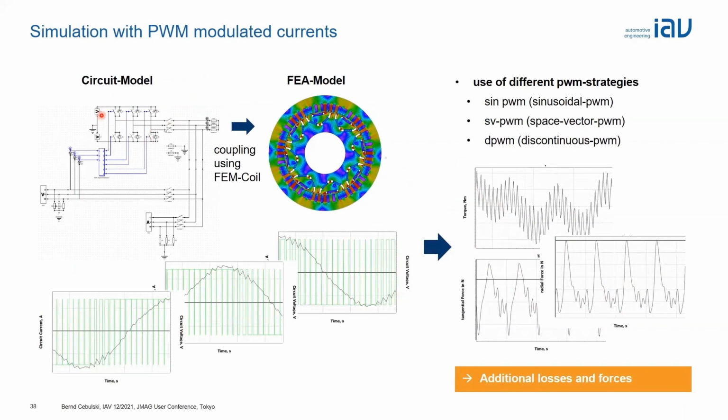But at the end, you really get the real currents and fluxes, torques, noise, and so on from PWM influence. This is getting more and more important, and we are now in the stage that we are calculating every map with PWM influence, if we have the time and can do this, of course. There are a lot of additional losses and forces related to this effect, which need to be considered if you want to have an accurate simulation.